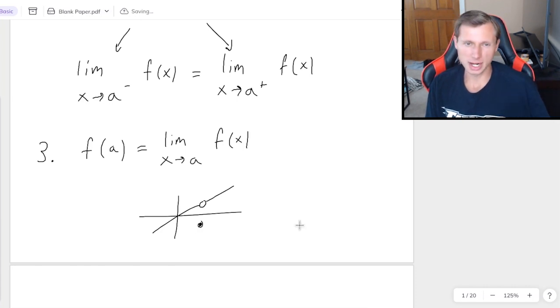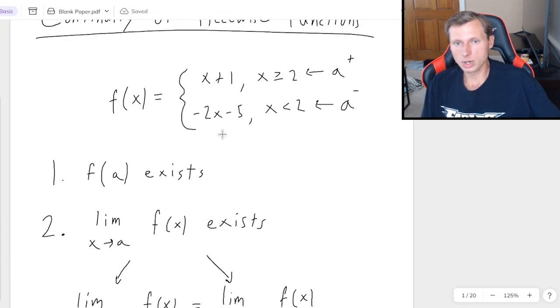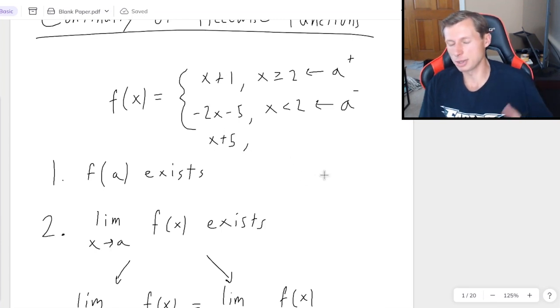This is where the third check would fail. Now obviously we're not talking about graph problems right now, we're talking about equations, but there are times where this third check will fail, and it's usually when I have 3 functions in my piecewise function.